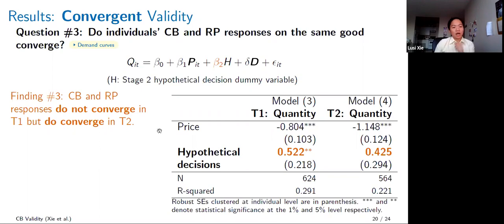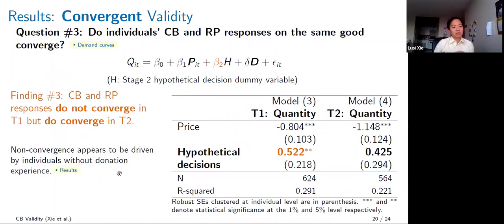So it indicates that CB and RP responses do not converge in T1, but do converge in T2. And the difference between the two treatments is the framing. So we can say framing might affect the convergence of CB and RP responses.